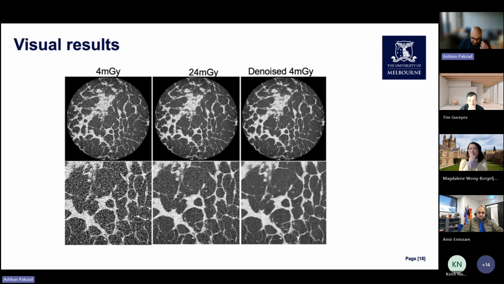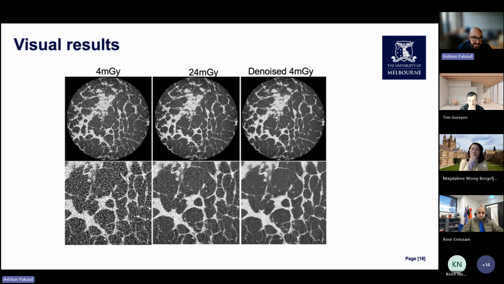So if we look at some visual results on a test image, where we go from the far left, which is our input image, to the model, the middle, which was our reference, and the far right, which is our denoised 4 milligray image.